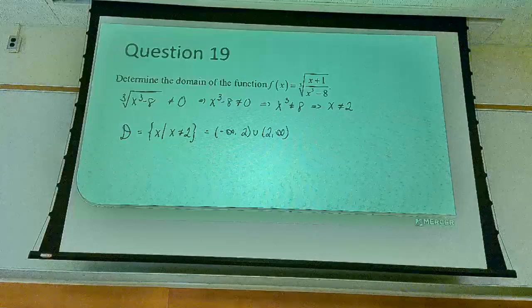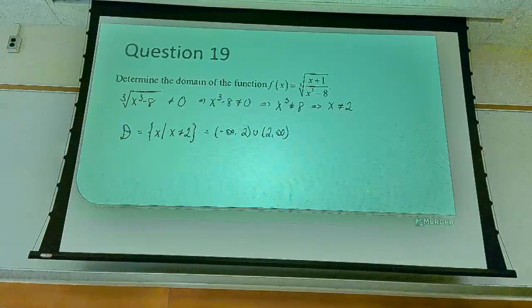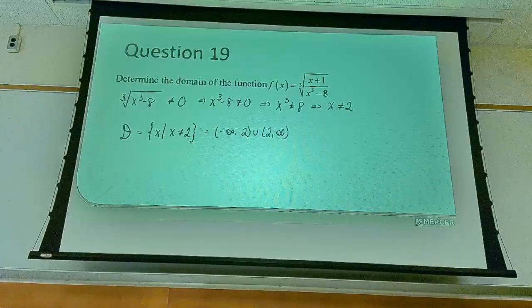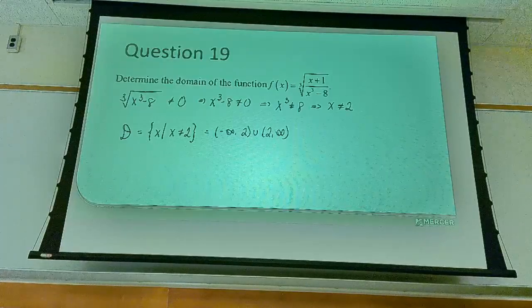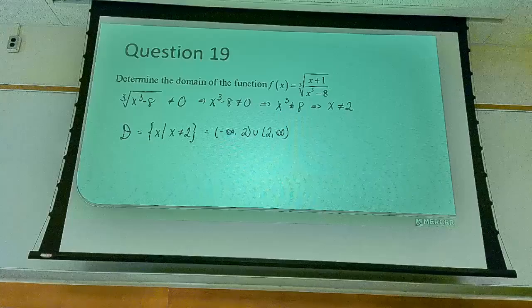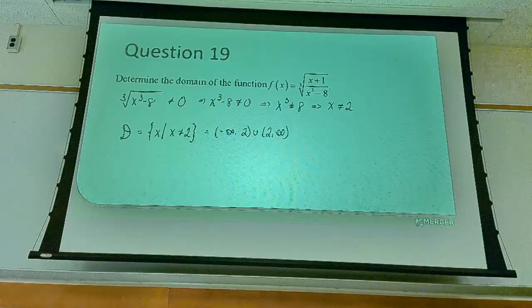You have average rate of change. Then you have increasing, decreasing. Incorporated with that would be mins and maxes, extrema. Then you have what's called concavity. And associated with concavity is inflection points.